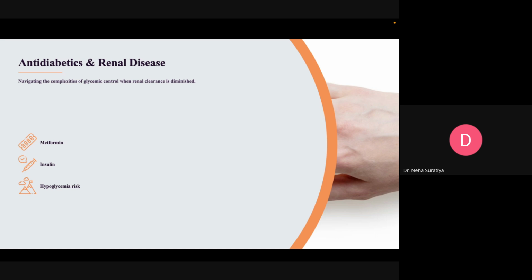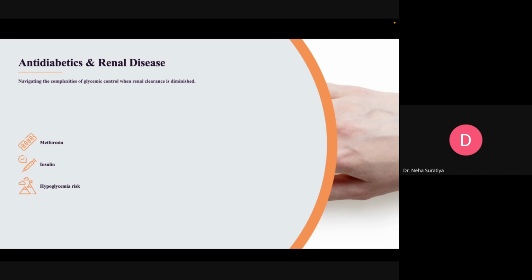Once you have this creatinine clearance in your hand, you will stage your patient, and you will next focus on the prescription, which medicines are being prescribed, whether anticoagulants, antibiotics or anti-diabetics, because these are the commonest agents you will find in the prescription. And everywhere you need to do a dose adjustment.